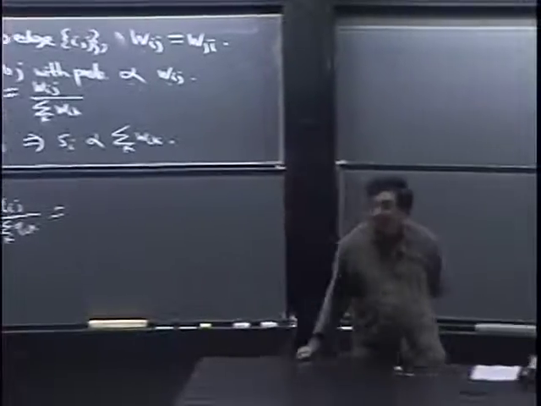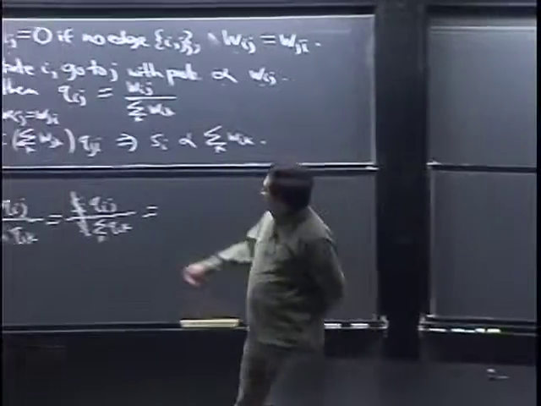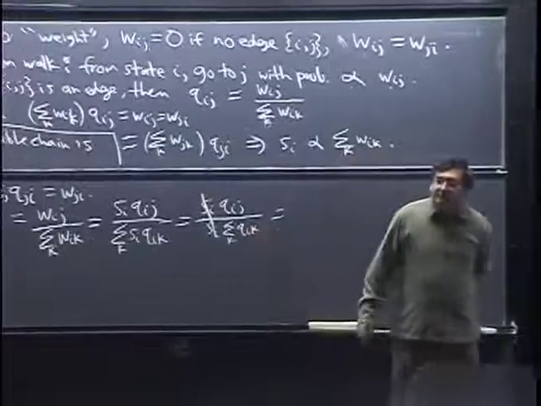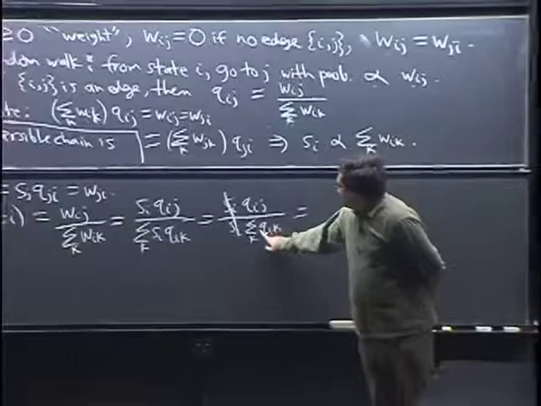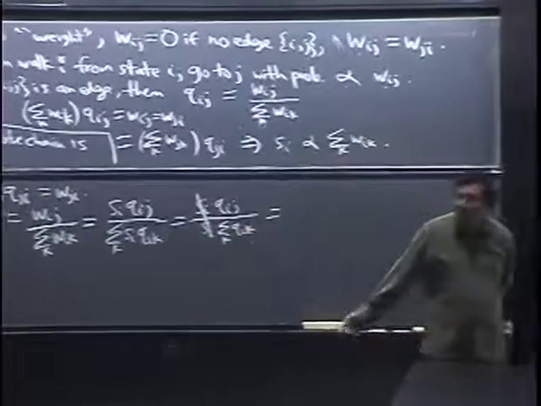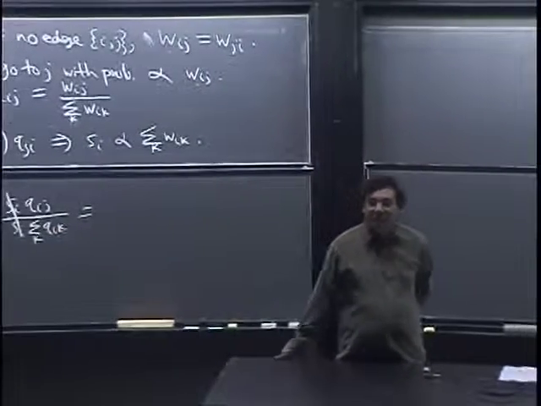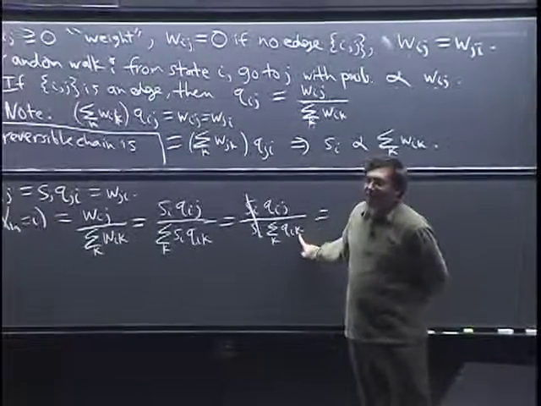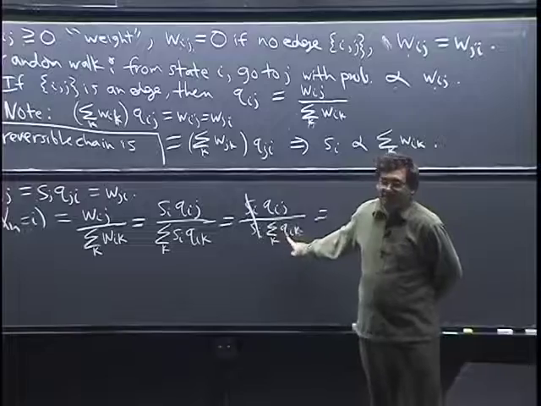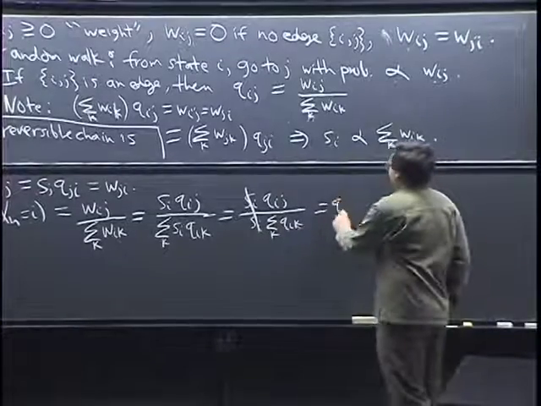All right, what's the sum of Qik? It's 1. Why is that 1? Because it's a Markov chain, so you have to go from i to somewhere. So that's just Qij.